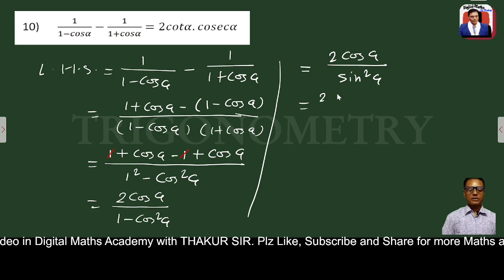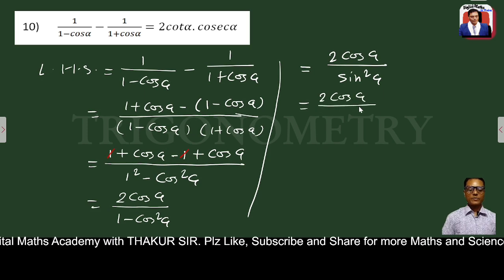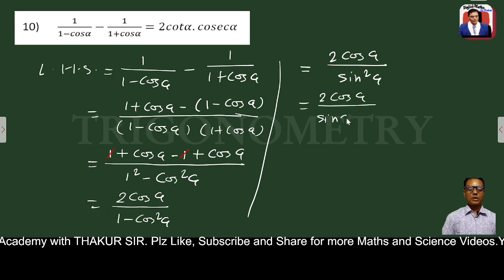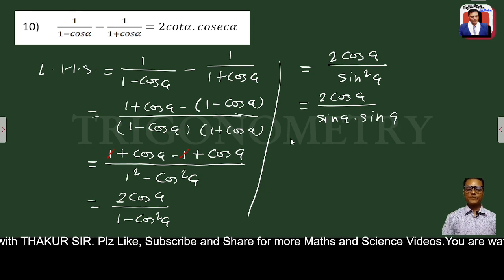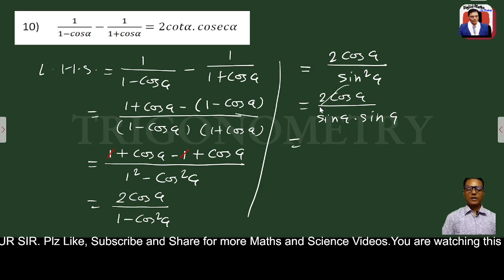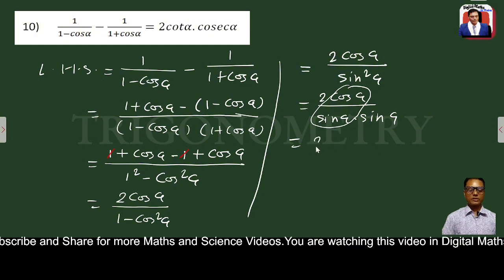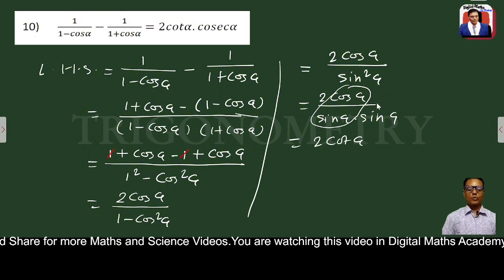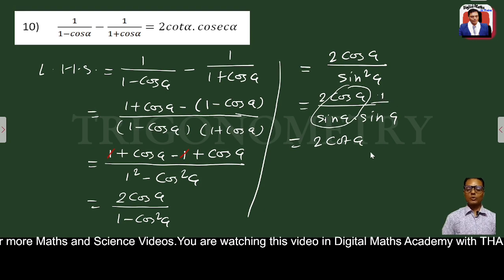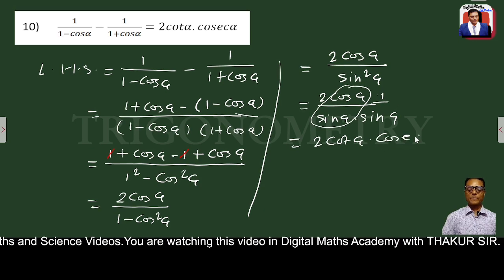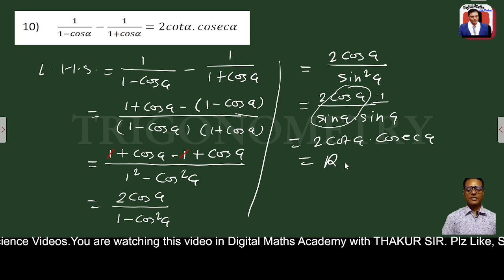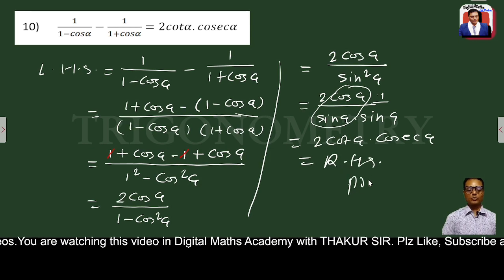Now we can write 2 cos alpha divided by sin alpha dot sin alpha, isn't it? And cos alpha by sin alpha gives us cot alpha, so here is 2 cot alpha, and 1 by sin alpha equals cosec alpha, which is our right hand side, and so we can write proved.